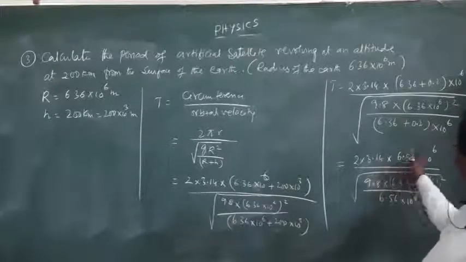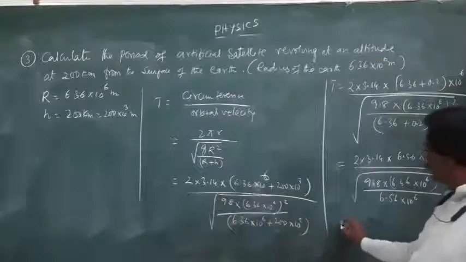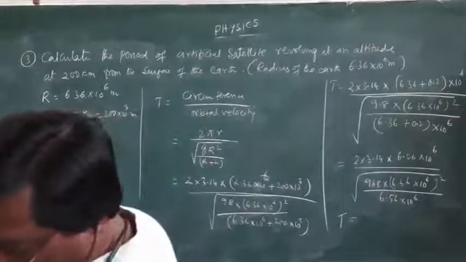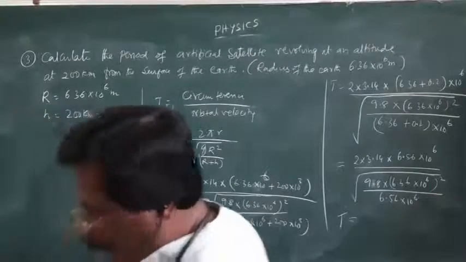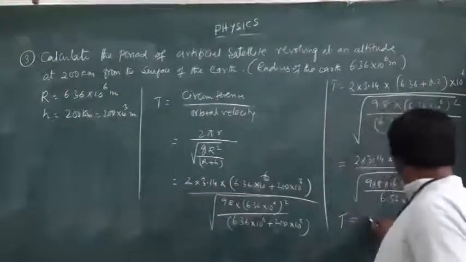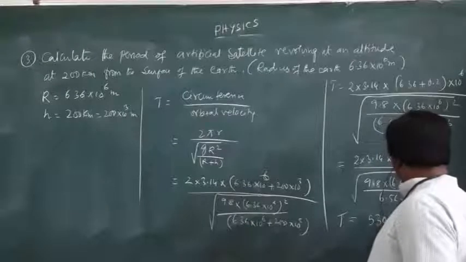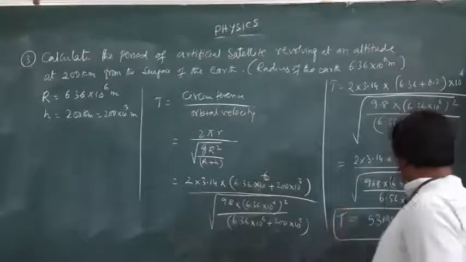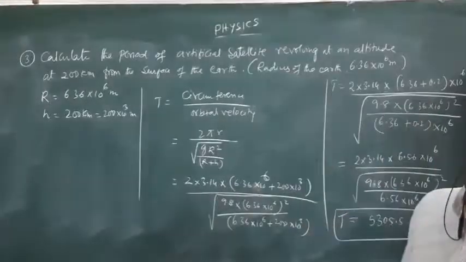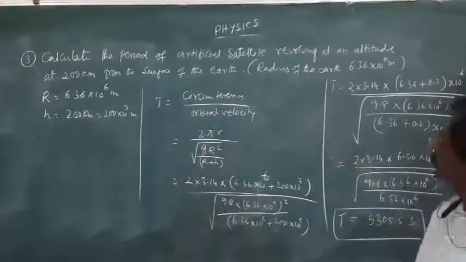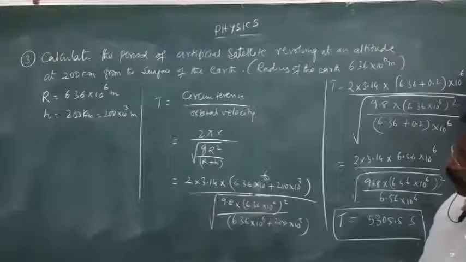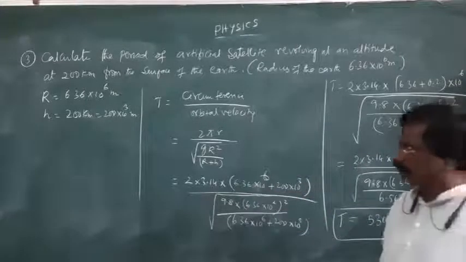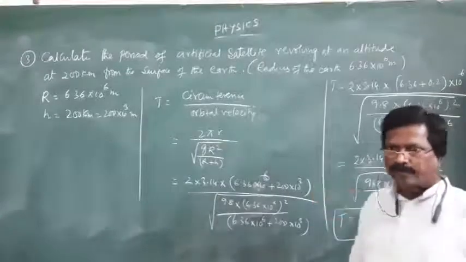Take the square root and then simplify. You will get the time period. Write the answer for the time period: 5305.5 seconds. So this is the time period of the satellite which is orbiting at an altitude of 200 kilometers from the surface of the earth. Okay, so 3 problems are given.